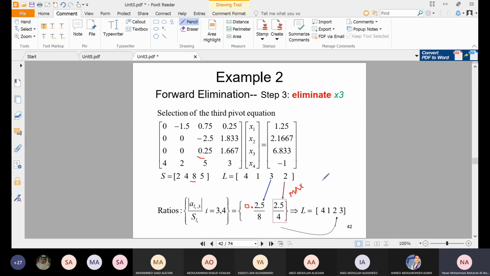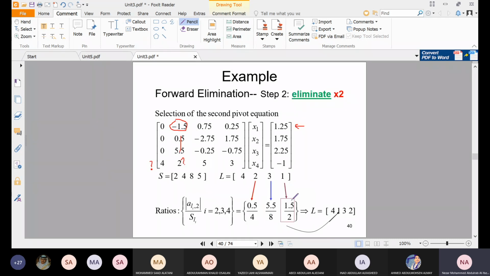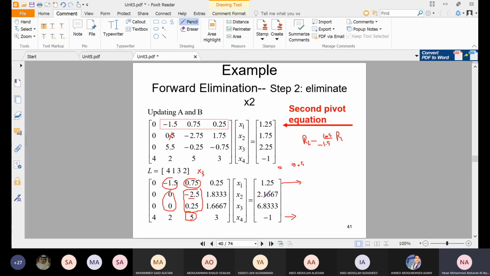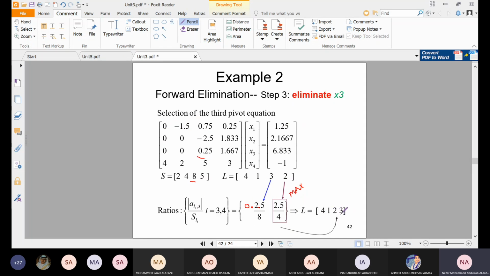So in this case, I will make a change now. Before, in the second iteration, we had 4, 1, 3, 2. Now I have to swap the 2 and 3, so this becomes 4, 1, 2, 3. So now this is the second buffed equation and this is the third.